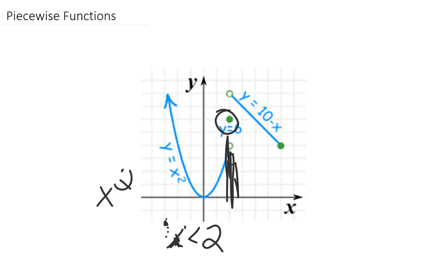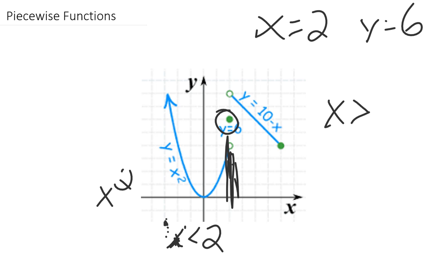At x equals 2, our function is y equals 6. And then anything where x is greater than 2, our function is 10 minus x.